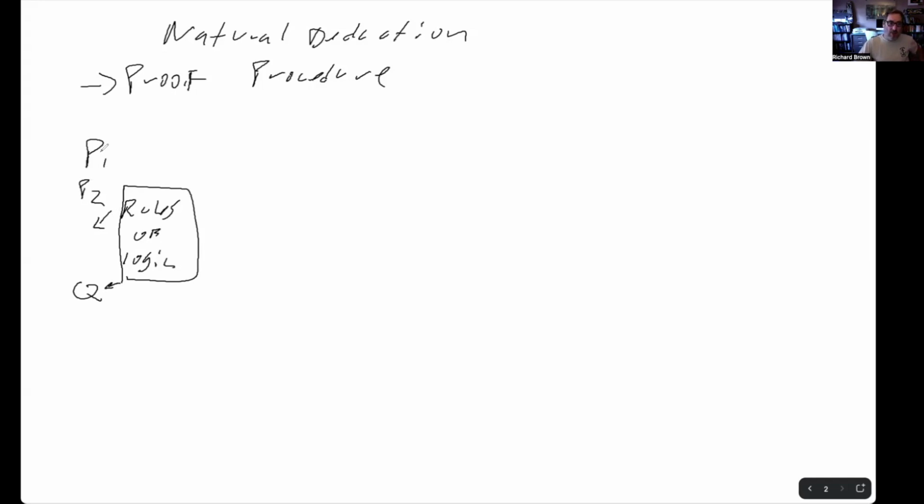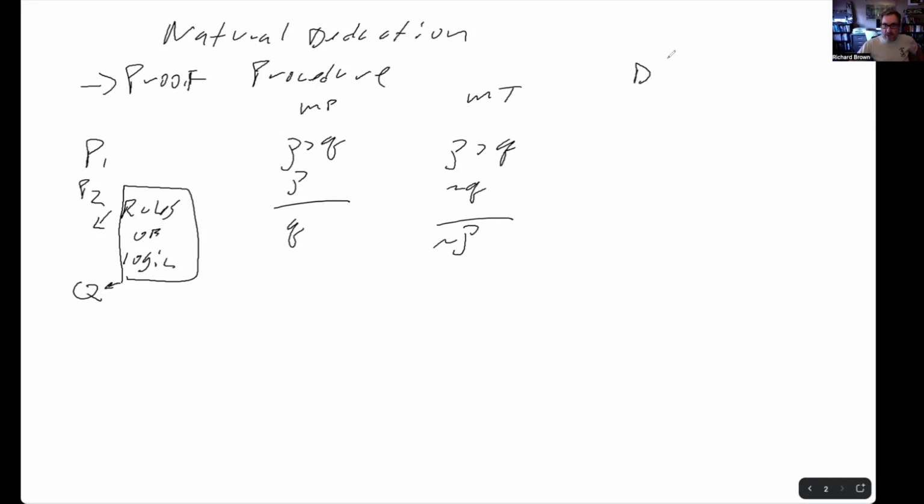Okay, so now, of course, these rules of logic: we already have a couple of intuitive rules. We have modus ponens, and we have modus tollens, which says if Q is necessary for P, but Q itself is false, then P must be false, because if you had P around, then you would have had Q, since P horseshoe Q is true.